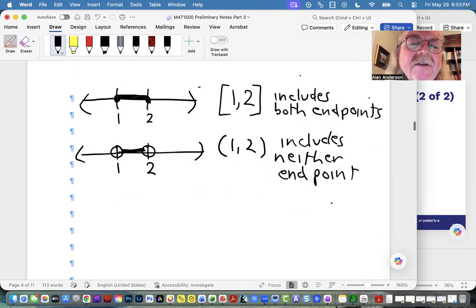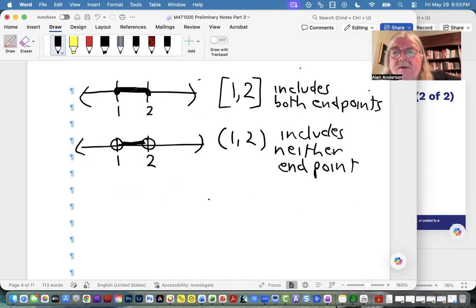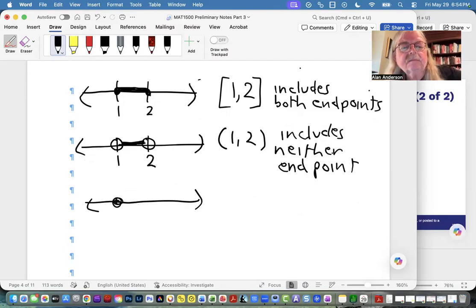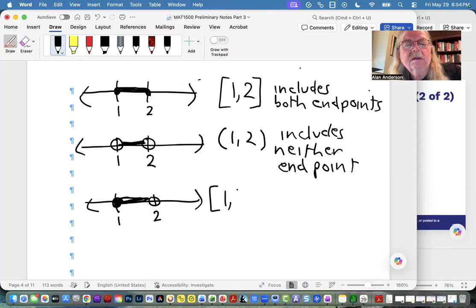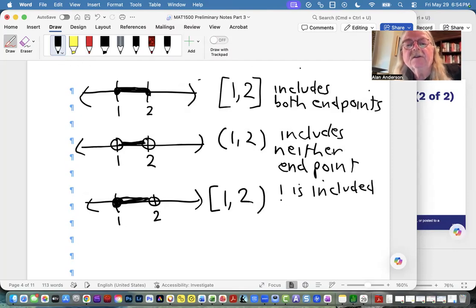And then we have other cases where one endpoint is included but not the other. Okay, like for example, one but not two. So one is included because you can tell by the fact that it's a square bracket. Two is not included. It's a round bracket.